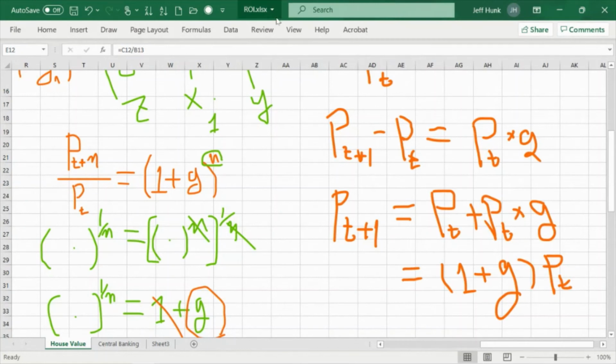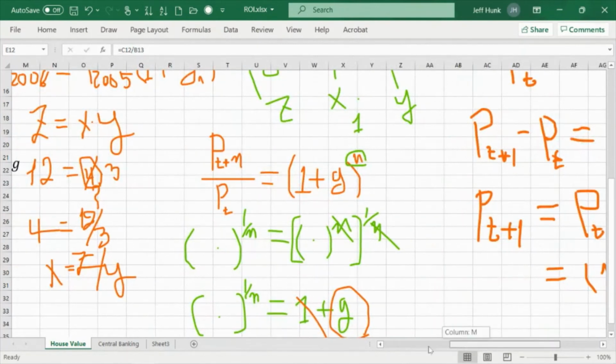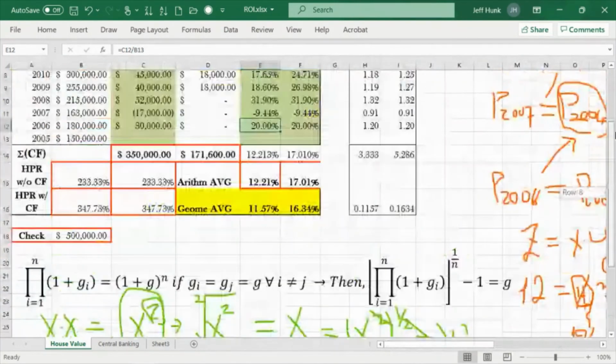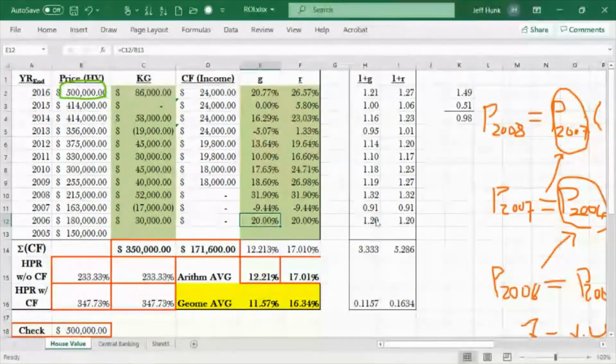So we can express every next period price by P_t times 1 plus G. That's the idea. Think about it. So that's what this is, 1 plus G.